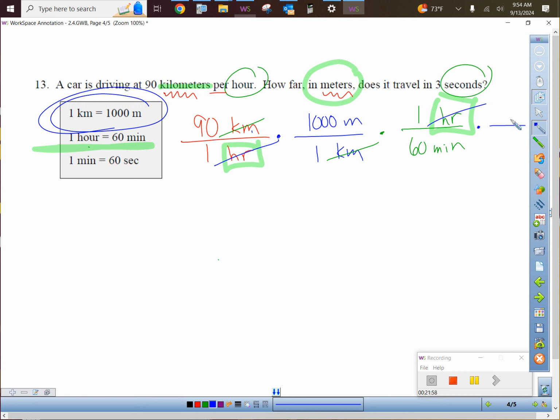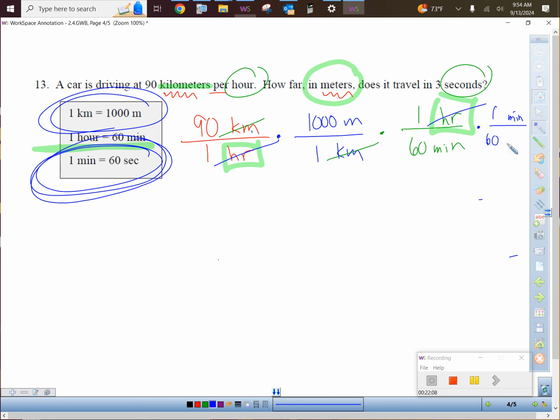Isn't minutes downstairs, so I'm going to put minutes upstairs. And using my third conversion rate, 1 minute has 60 seconds. If I cancel those out, do you believe the only 2 labels left are meters and seconds, which is what we wanted, right? It's kind of weird, but if you trust in the label system, it'll get you where you need to go.